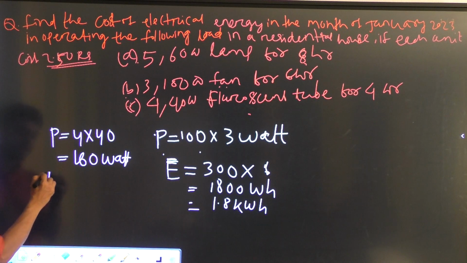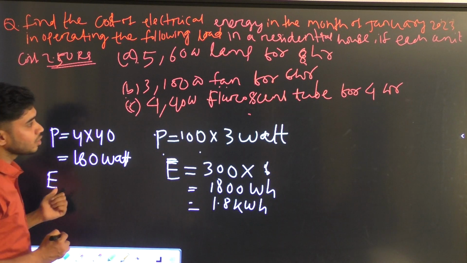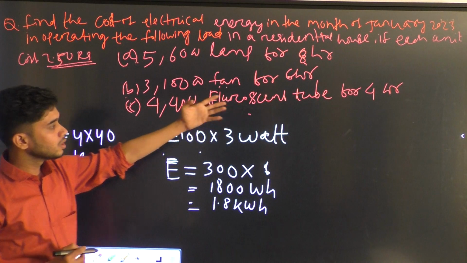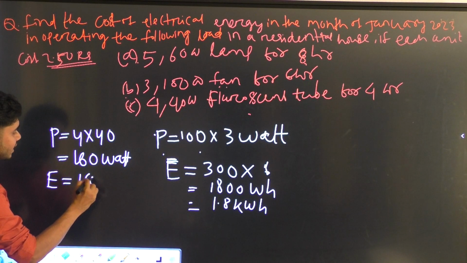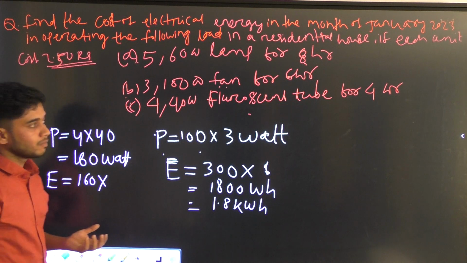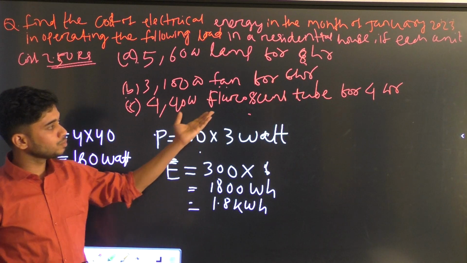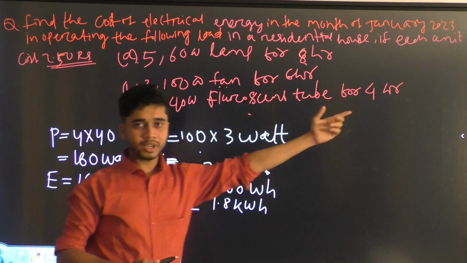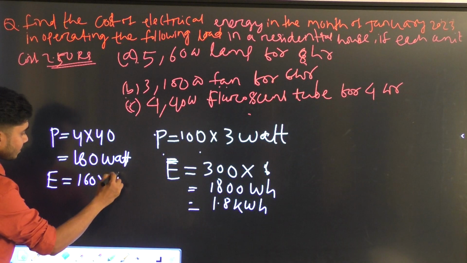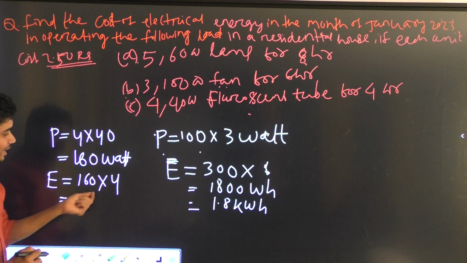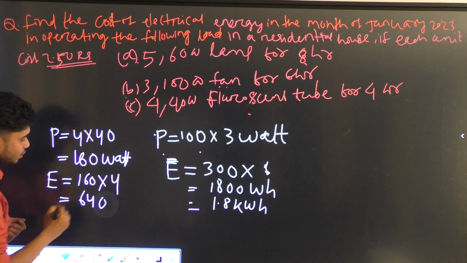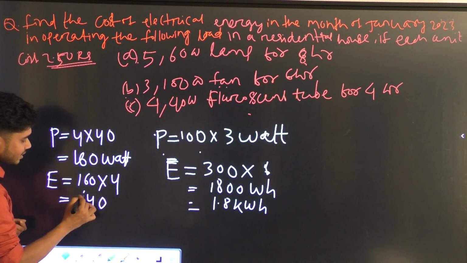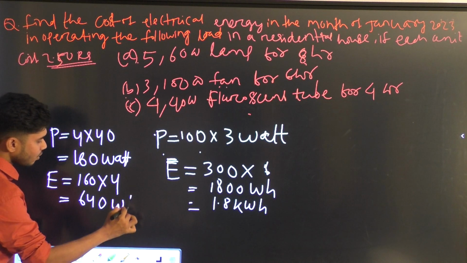So next is to calculate the amount of energy consumed by fluorescent tube. The method is similar. Multiply power, this is 160, into time. For how long are the fluorescent tubes on? This is 4 hours, so I am multiplying by 4. 160 into 4 is 640 watt hour.